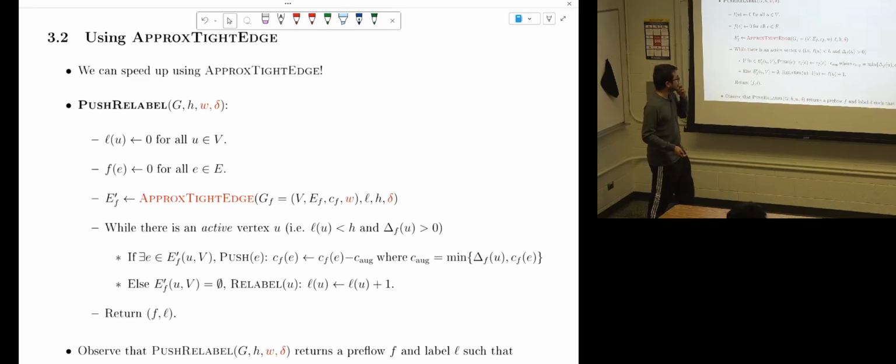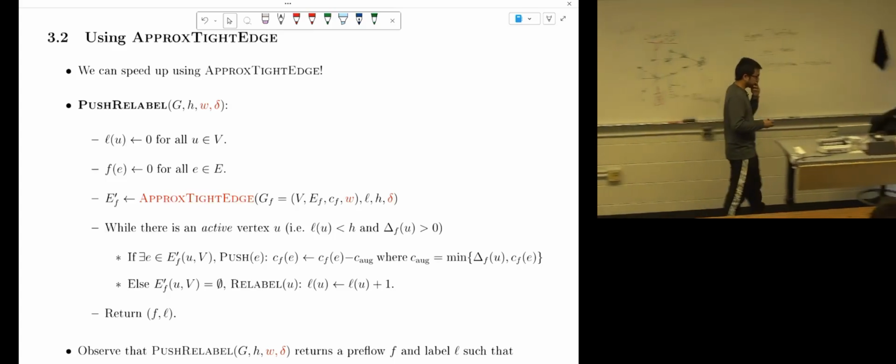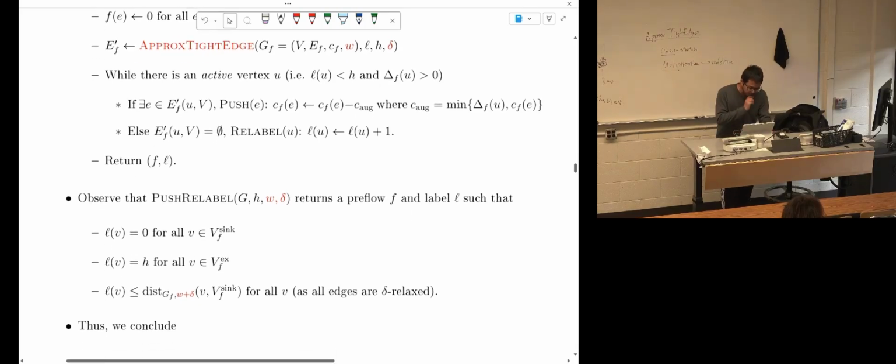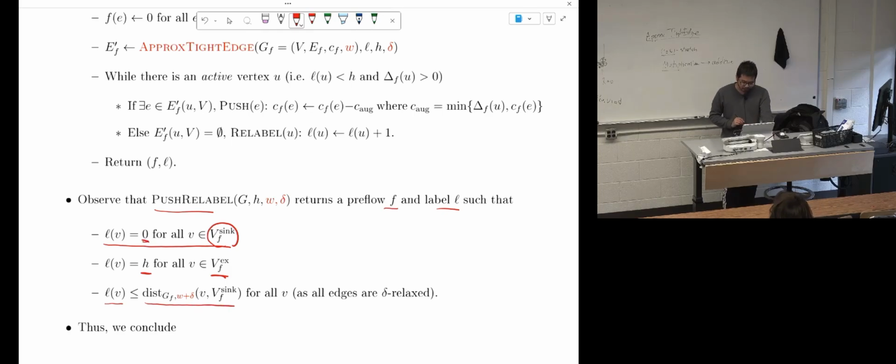And what was wrong? Okay, I haven't gotten to the wrong place yet, but what we know is that this algorithm will return a flow and labels such that all the sinks are at level 0, and all excess is at level h, and the label will lower bound this one because every edge is delta relaxed.